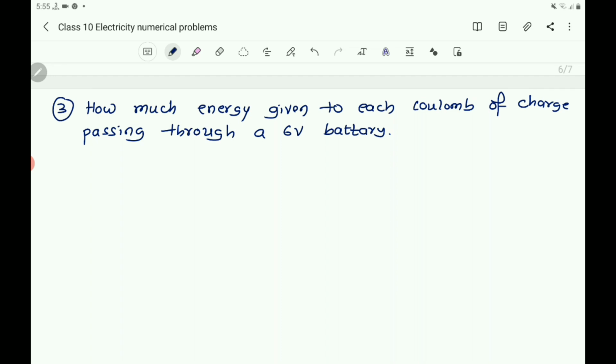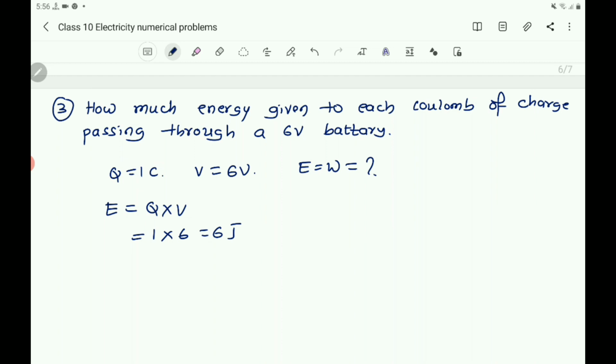Energy given by the battery we have to find out. That is nothing but work done. Work done is equal to energy given. So write here Q is equal to 1C, and potential difference V is equal to 6 volt, and we have to find out work done, that is nothing but E. E is equal to W, that is Q into V. Q is 1 into 6, that equals 6 joules.